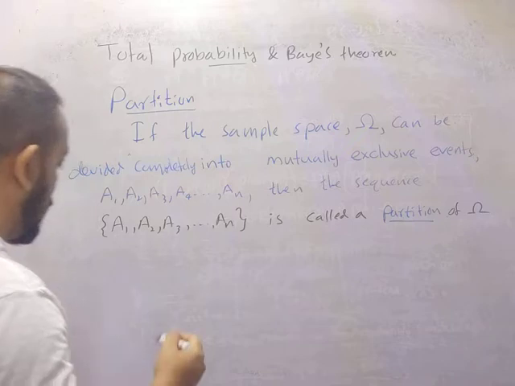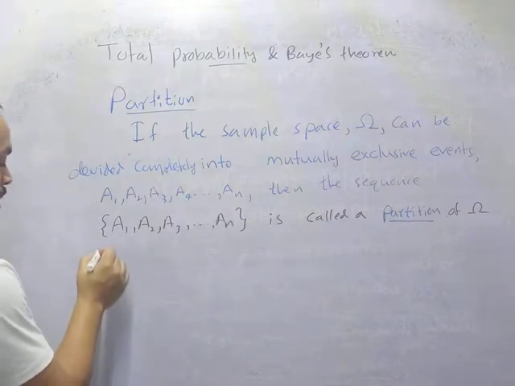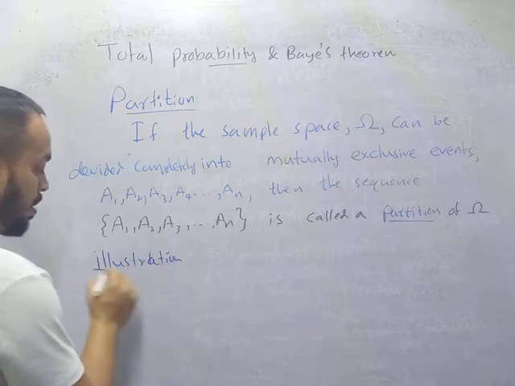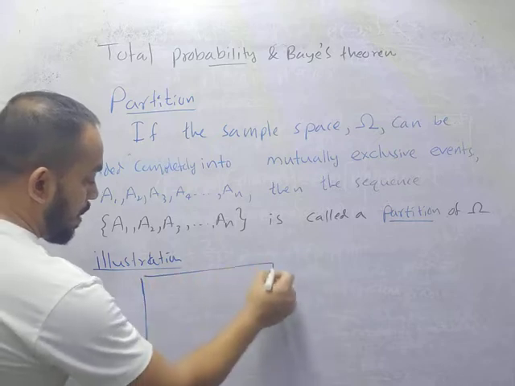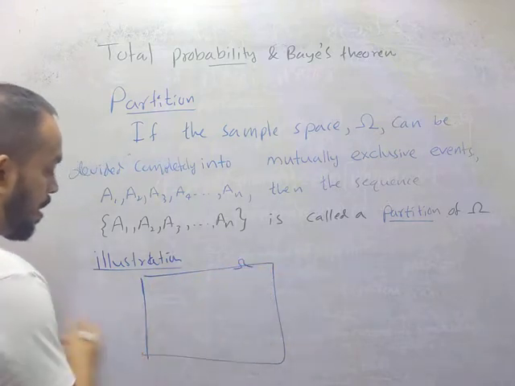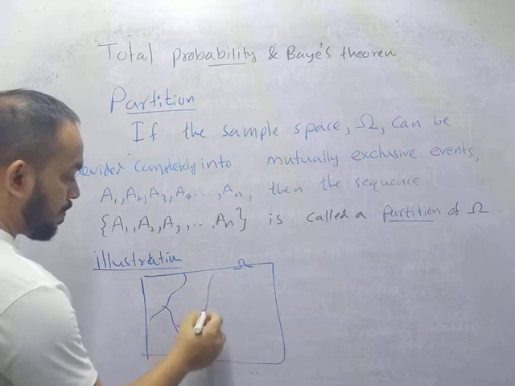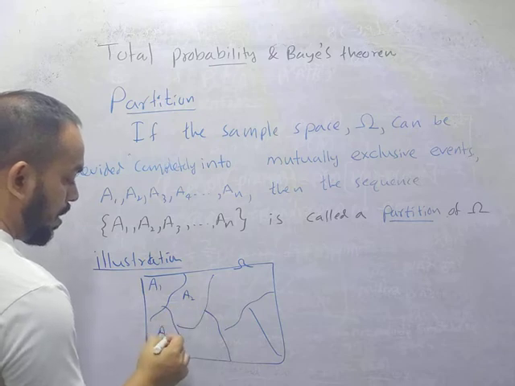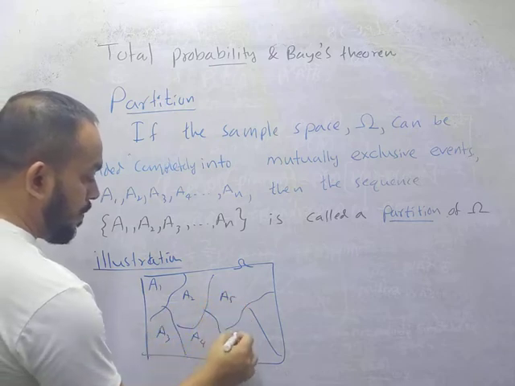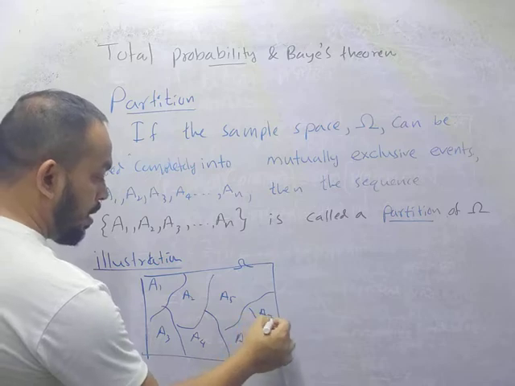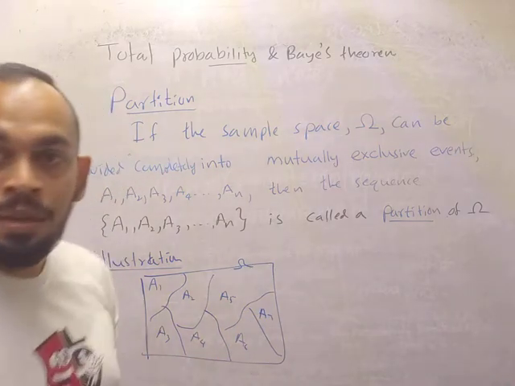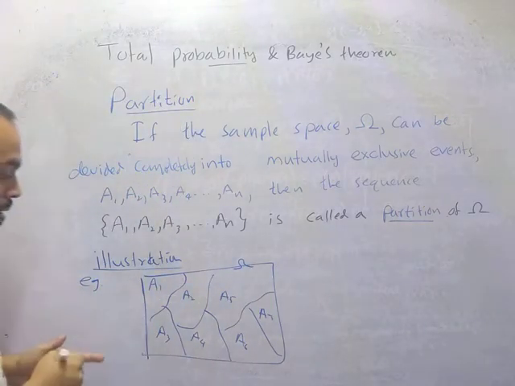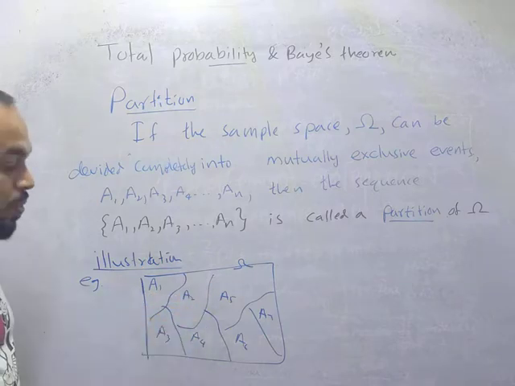So let me give you a graphical illustration. Let's say this is the sample space. I can divide this sample space into, let's say, A1, A2, A3, A4, A5, A6, A7. In this case, you can see that these events are mutually exclusive.